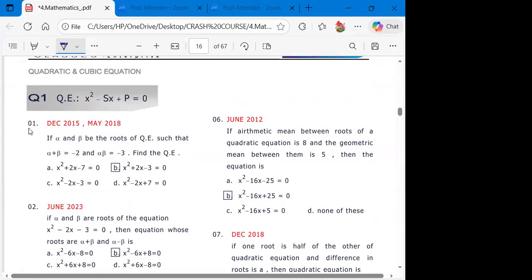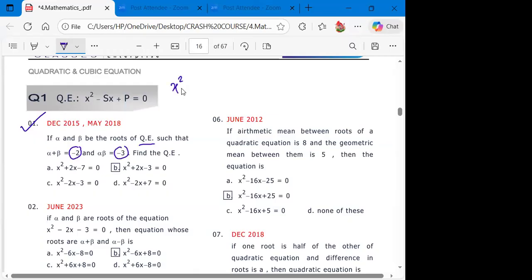Question number 1. If alpha and beta are the roots of the quadratic equation such that, can I say, sum is minus 2? Sum is what? Minus 2. And product is how much? Minus 3. What was my formula?